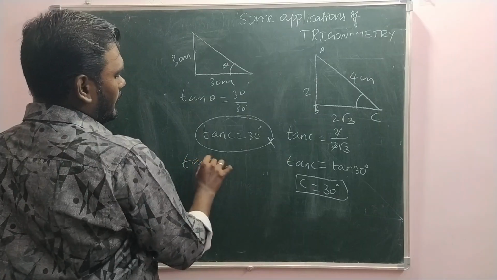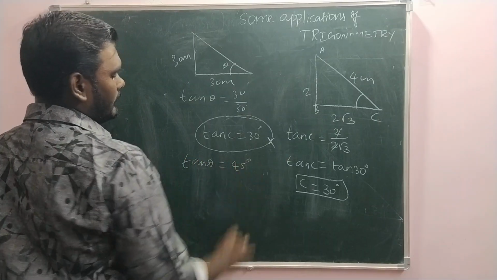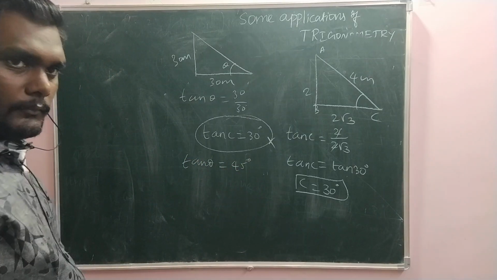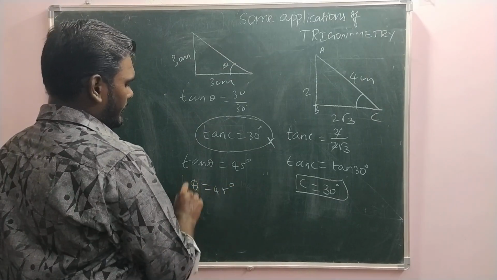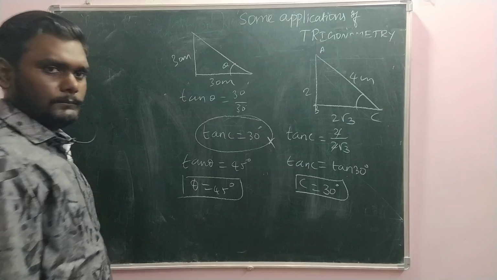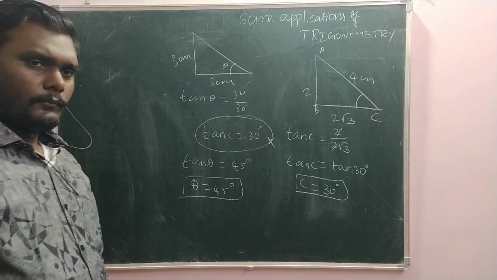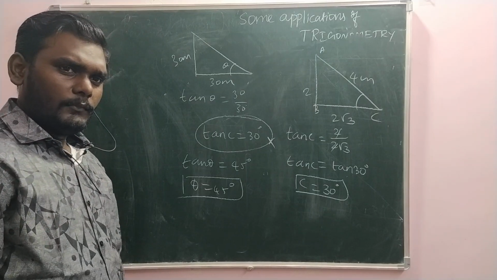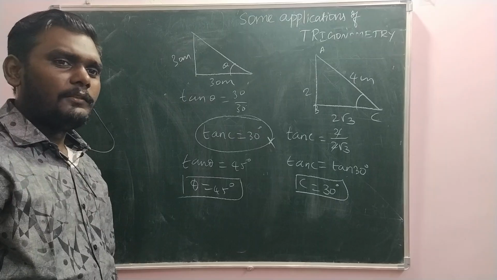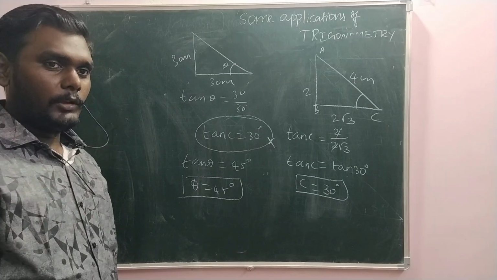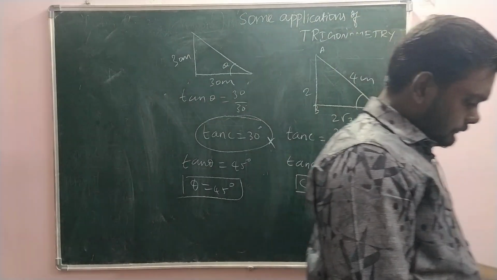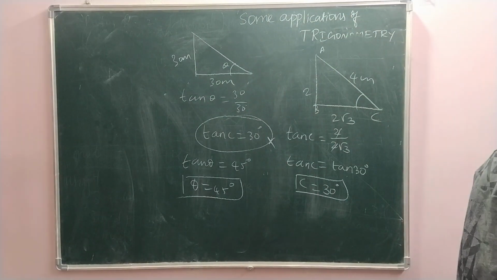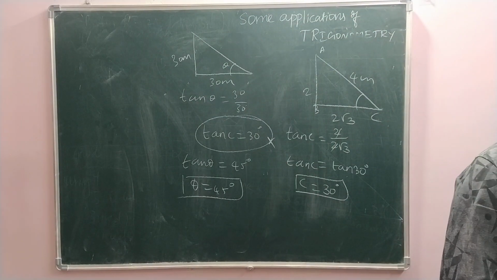So we got tan theta is equal to tan 45 degree, and theta is equal to 45 degree. Told you or not? You are not following. That is it.